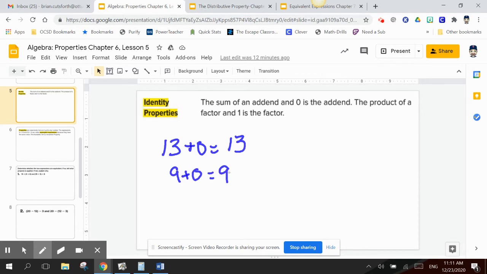Same as when we multiply, we find the product. 13 times 1 equals 13, and 9 times 1 equals 9. So notice that when you are multiplying by 1, you get that same factor. When you're adding 0, you still get that same number.